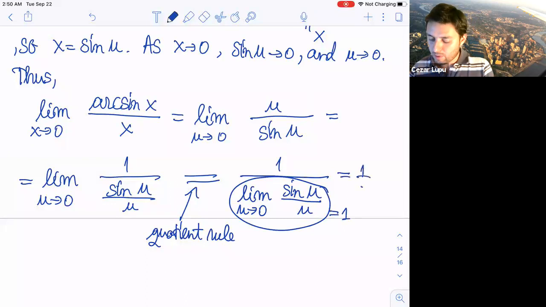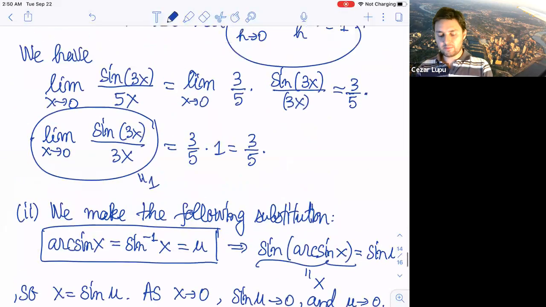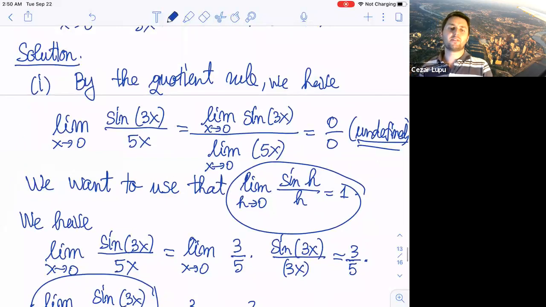So this will be 1 over 1, which is 1. So the second limit is 1. These are very important limits. We'll see more applications, probably when we have a review session before exams. I'll show you even much more difficult applications than this.